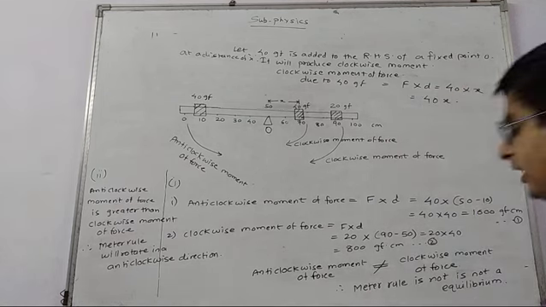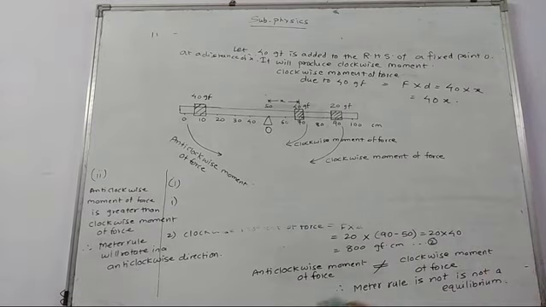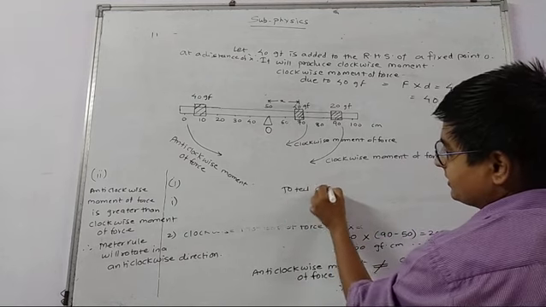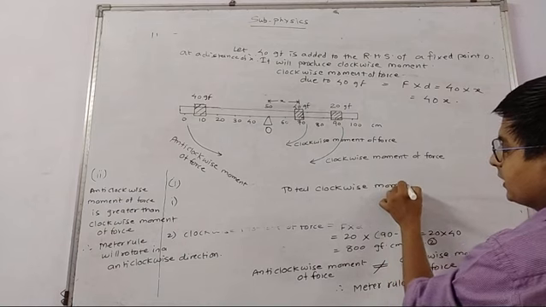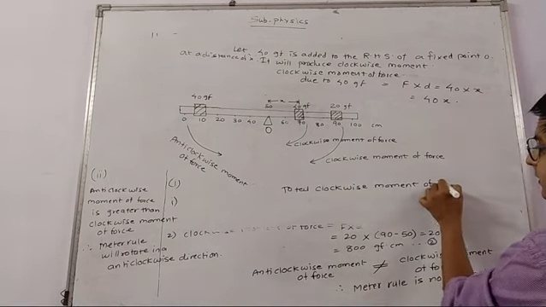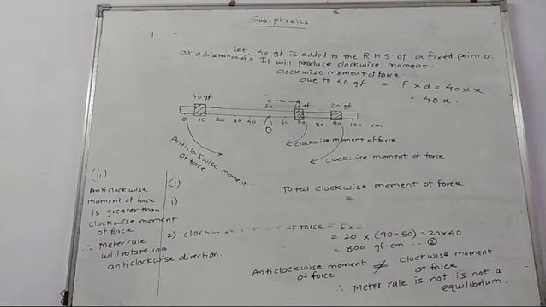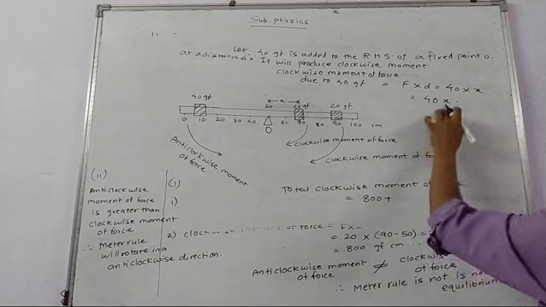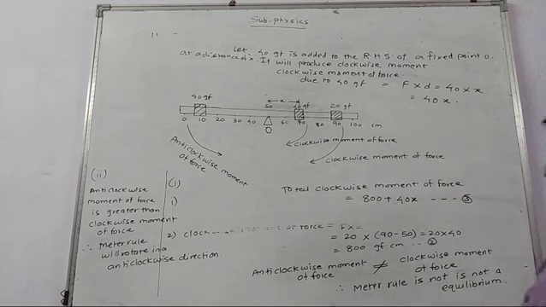Now I will write the total clockwise moment of force. There are two objects producing clockwise force: first 800, plus another 40x. Let's say this is number 3.